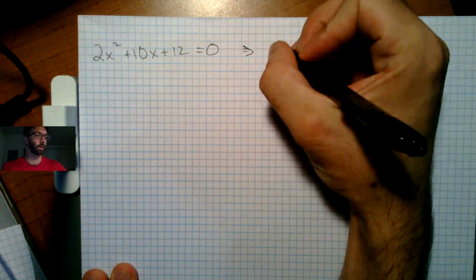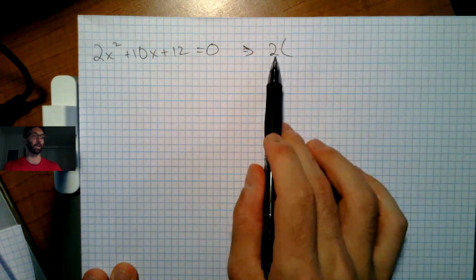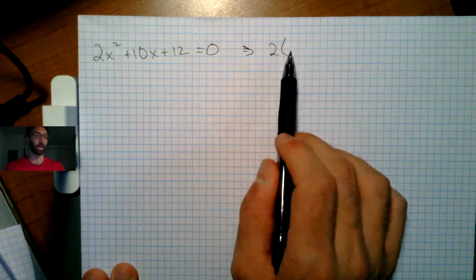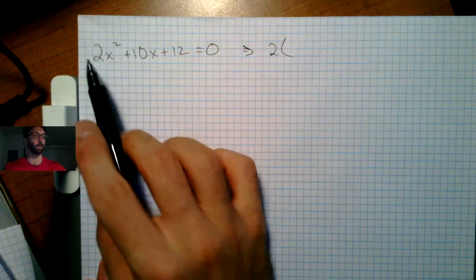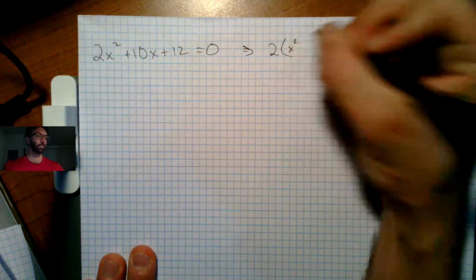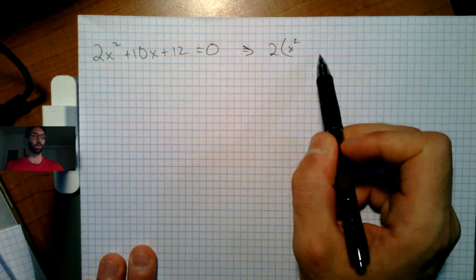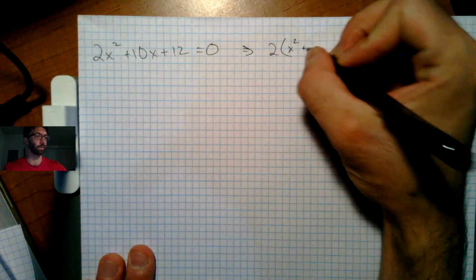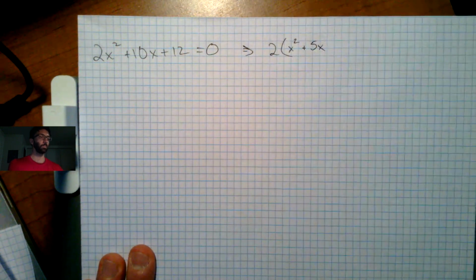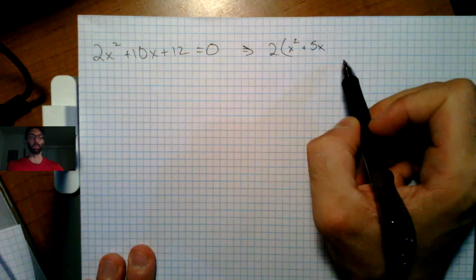After I factor my 2 out, I have to do the distributive property but backwards. So 2 times what gives me my 2x squared? Well, that's just x squared. And then 2 times what will give me a positive 10x? That's going to be a plus 5x. And then 2 times what will give me a positive 12?